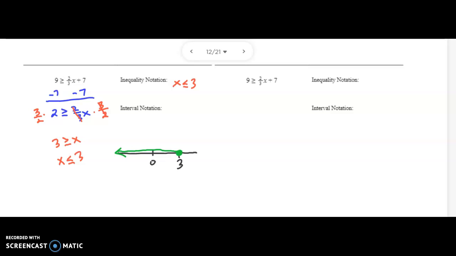For the interval notation, remember, the first number represents where it begins, the second number represents where it ends. On the left-hand side, there's no beginning, so it would be negative infinity. And then it ends at 3. Negative infinity always gets the parentheses, and 3, since there's a filled-in circle, is going to be a bracket.